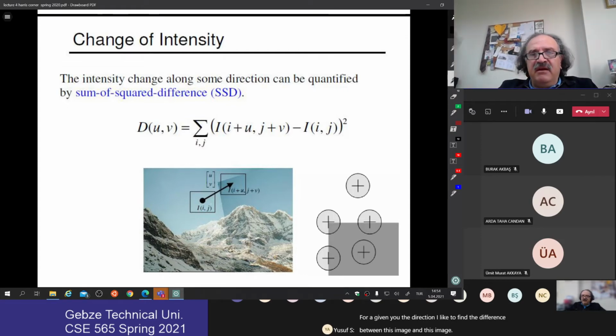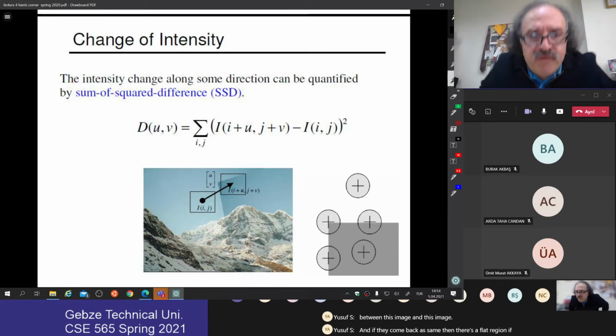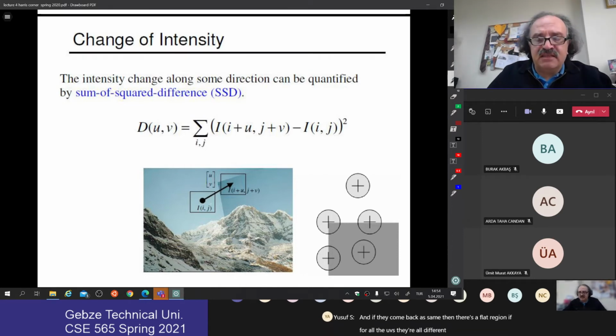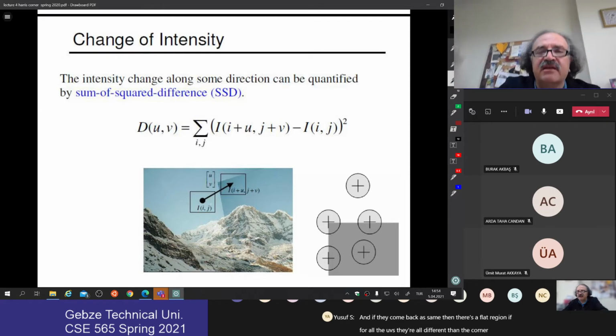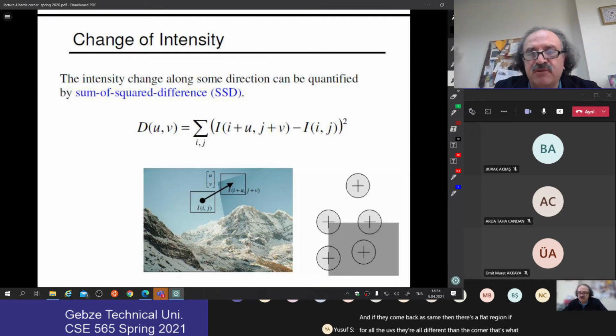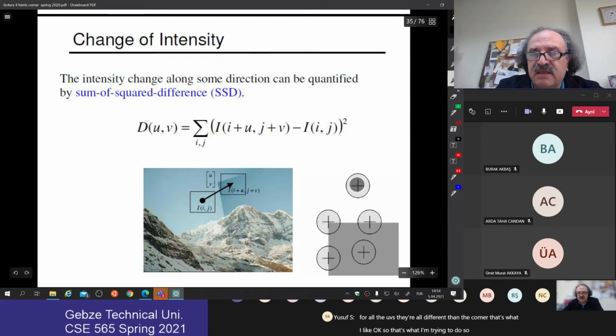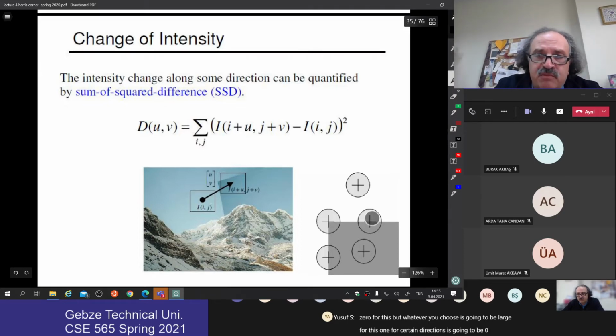If they come back the same, then that's a flat region. If for all the (u,v) they are all different, then that's a corner. That's what I like. For this part, whatever (u,v) I choose is going to produce all 0. For this part, whatever (u,v) I choose is going to be all 0. For this part, whatever (u,v) I choose is going to be large. For this one, for certain directions it's going to be 0, for the others it's not going to be 0.